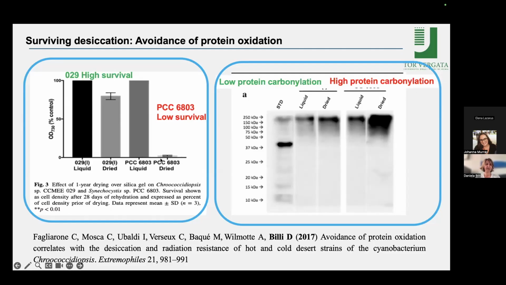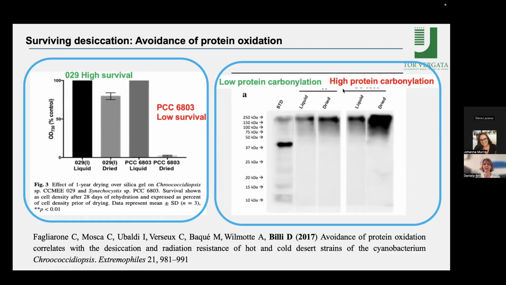After 1 year over silica gel, there was no survival of Synechocystis, whereas with the Chroococcidiopsis desert strain we obtained a lot of survivors, and this survival is correlated with the absence of protein carbonylation.